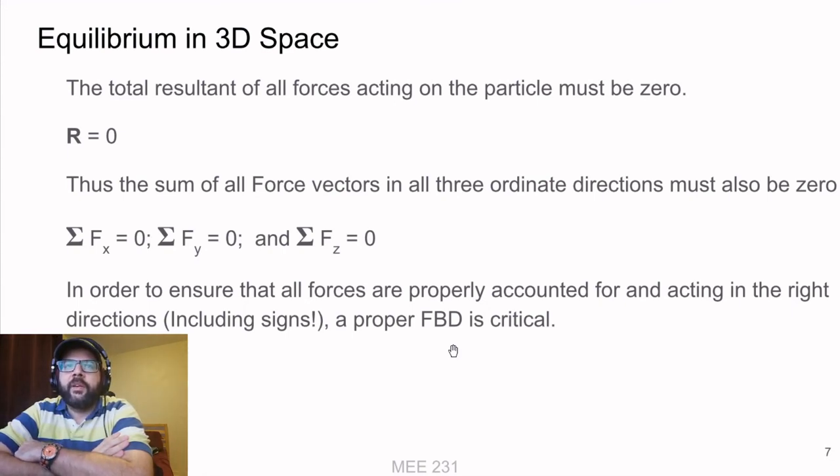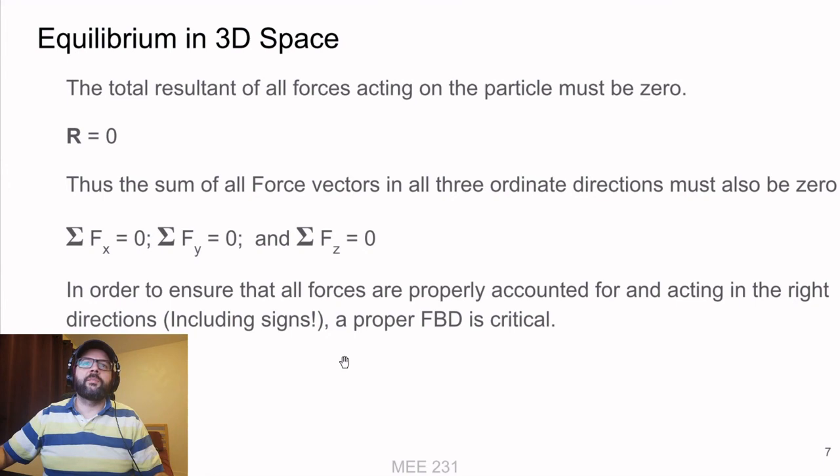So you need to have a nice clear diagram, possibly with multiple orientations on it, so different views that can be used to properly situate the forces in question, in order to make sure that you're accounting for the forces, including their signs.